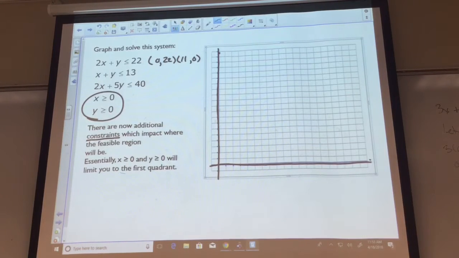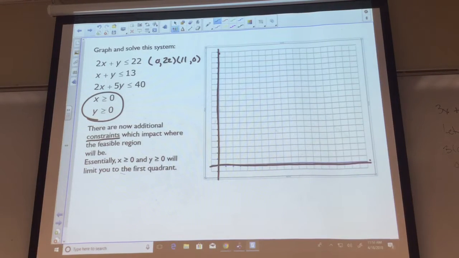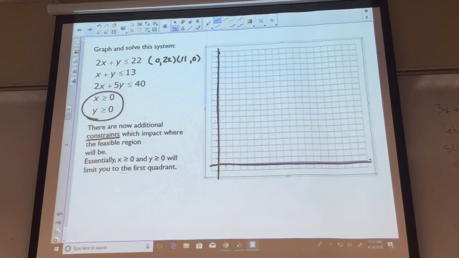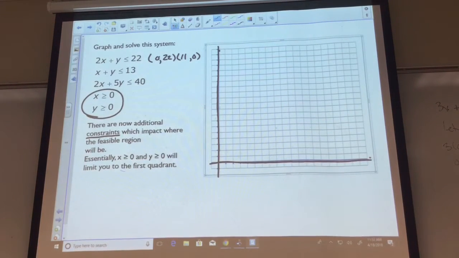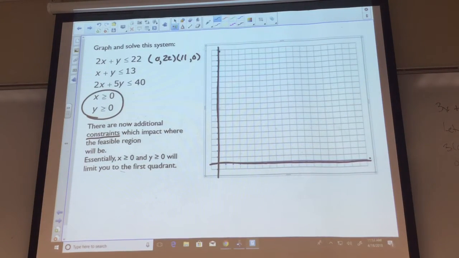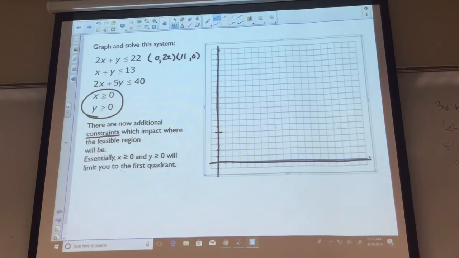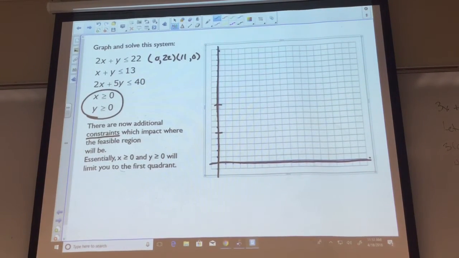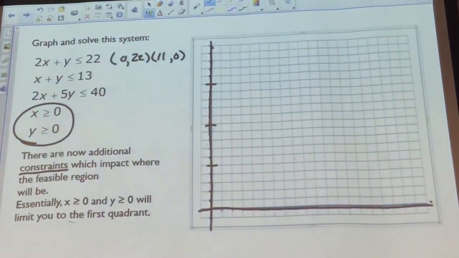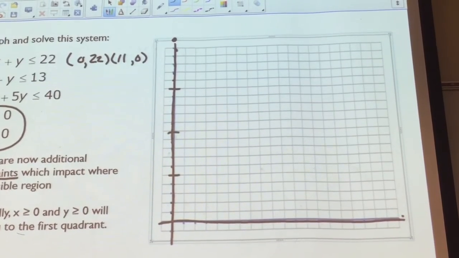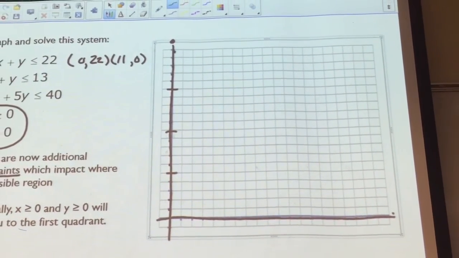This particular grid that you have is a 20 by 20 grid. 20 units from left to right and 20 units from top to bottom. 1, 2, 3, 4, 5, 6, 7, 8, 9, 10, 11, 12, 13, 14, 15, 16, 17, 18, 19, 20. I didn't leave enough room, so I'm going to cheat on this problem.